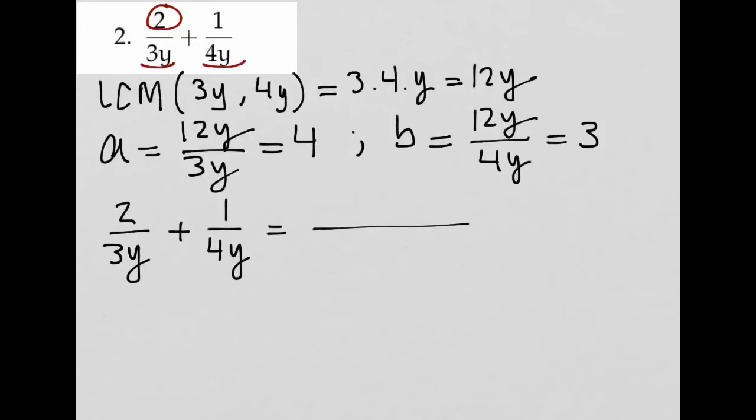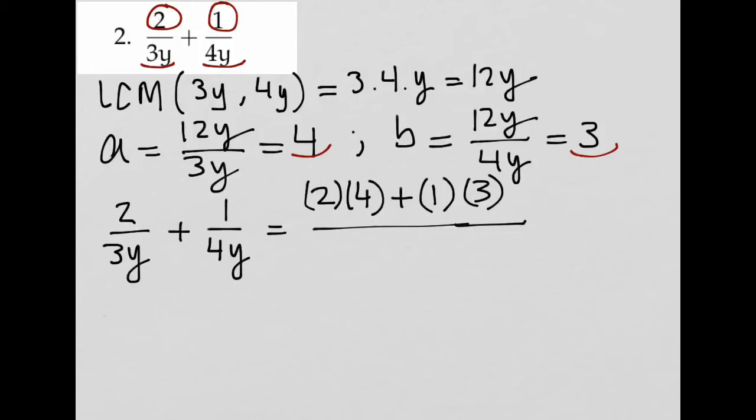So that's 2 times a, which is 4, plus 1, which is the numerator of the second rational expression, times b, which is 3.